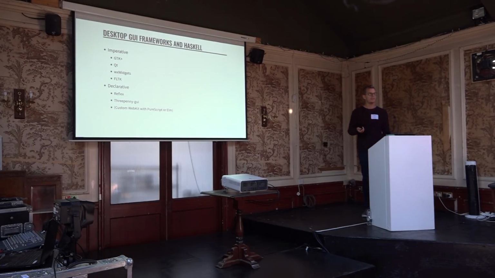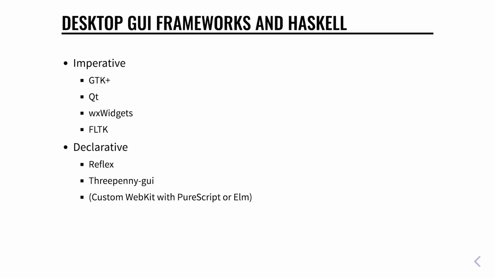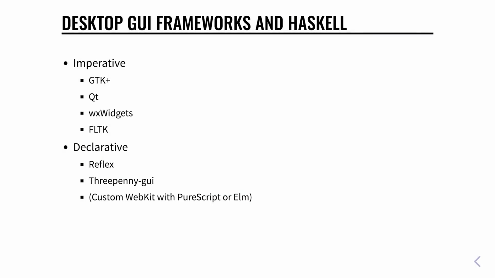So I started looking at GUI frameworks in Haskell and what you can do. There's sort of the imperative camp. Those are the big names in GUI frameworks, and most of them have bindings in Haskell. But they're still very imperative, not so Haskell-y in their way of building stuff. And then there's a bunch of declarative things like Reflex FRP.